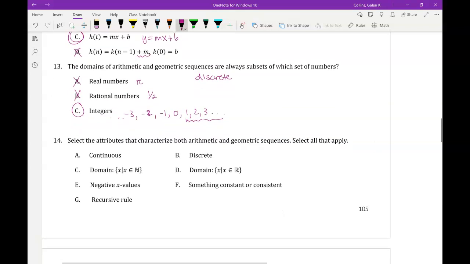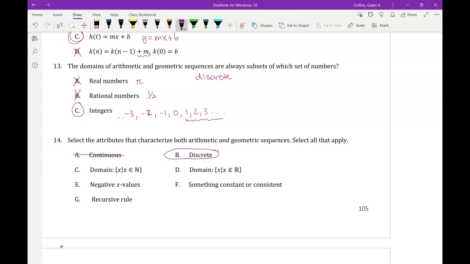All right, number 14, select the attributes that characterize both arithmetic and geometric sequences. Select all that apply. Okay, so they are not continuous, but they are discrete. Because again, in a sequence, I don't have a half step. I go from my first term to my second term. There's not a half term.